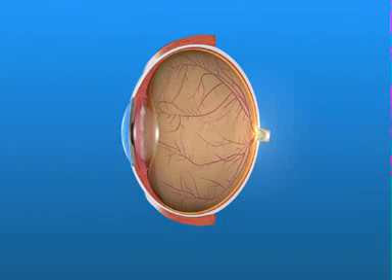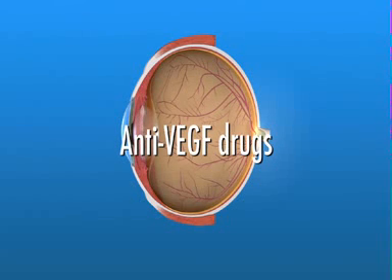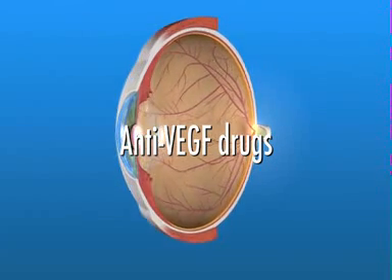Medication injection therapy is also being used to treat macular edema. Two drugs, steroids and anti-VEGF agents, have shown promise in reducing diabetic macular edema. Anti-VEGF drugs target a specific chemical in your eye.